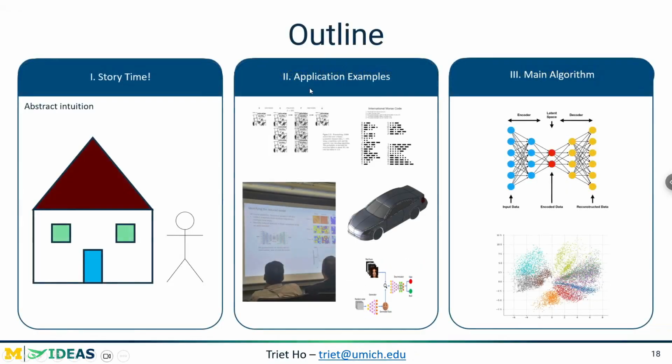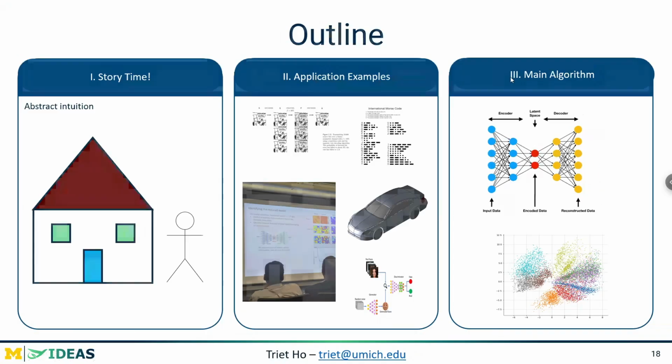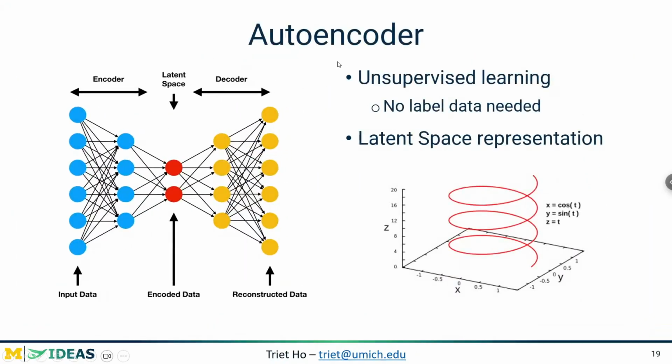You see that this concept of encoding and decoding is used in a lot of places. And now we're going to go over the main algorithm. So an autoencoder has the encoder, right? This section encodes the data to the latent space, and then you have the decoder, which decodes the latent space back to the original data.